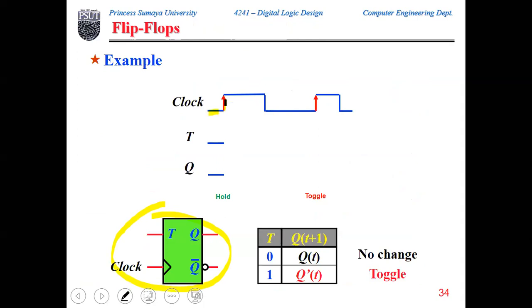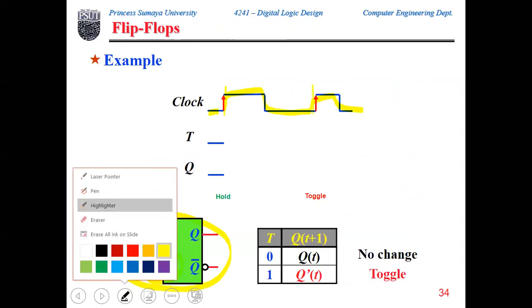And the clock is something like this. It's changing like this. Since this is a flip-flop, we don't need to look at the clock for all the times. We only look at the rising edge because this is a positive edge triggered flip-flop.